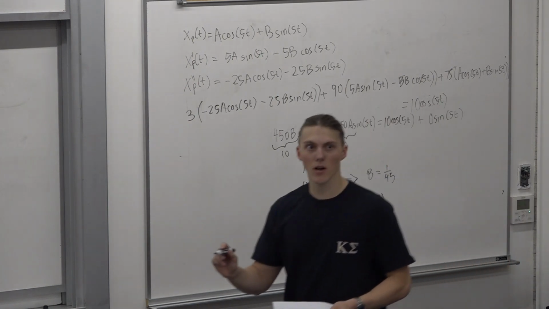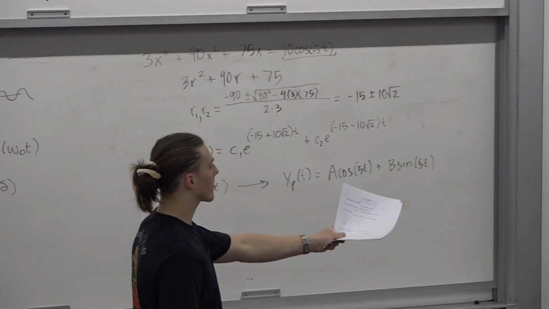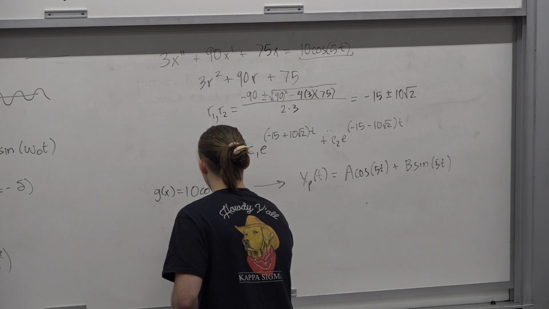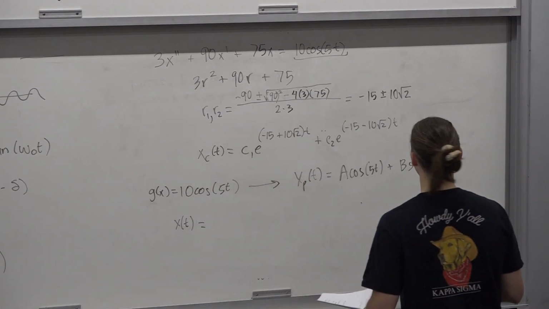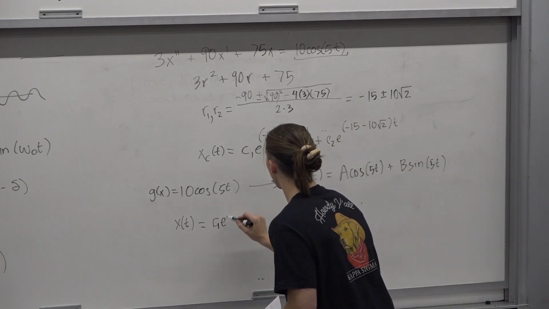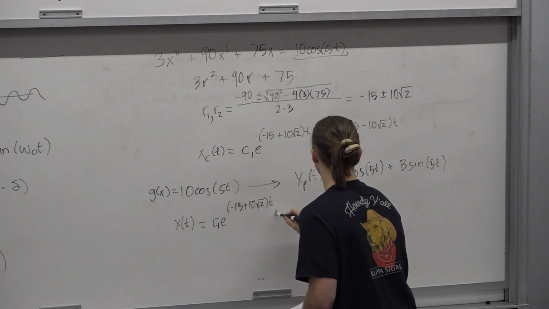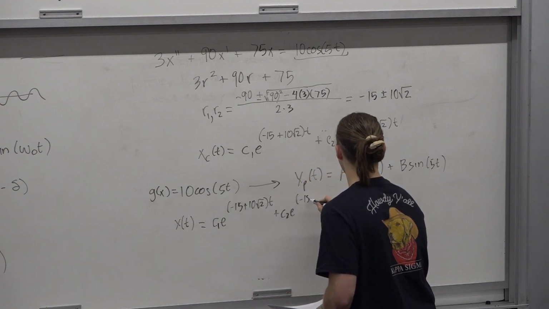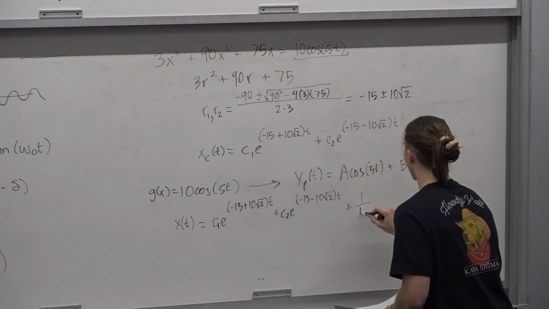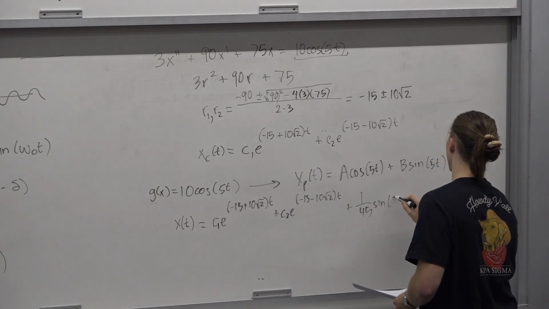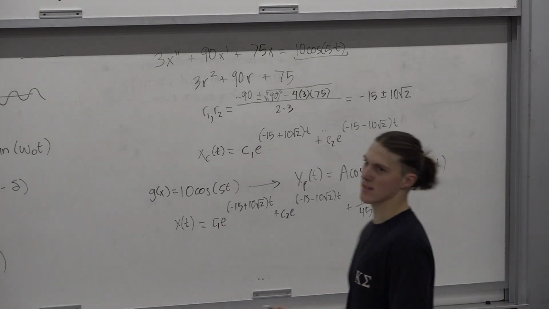So finally, putting it all together, we have our complementary solution, which we just solved for, and we have our particular solution. Let's write down the answer to the problem, and it is a combination of both of these. And that is it.